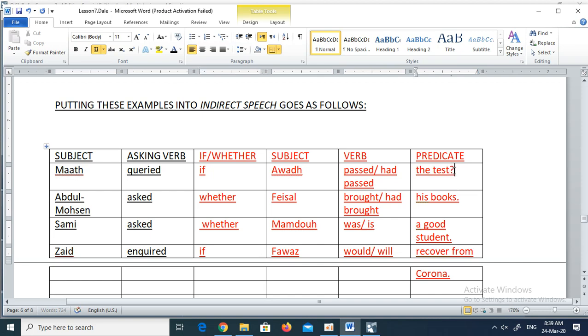Where there was a question mark in the direct speech, because the person was asking a direct question, we no longer have that in the indirect speech. Because in the indirect speech, it's not, has Awad passed the test. Somebody is telling me that Marv asked if Awad had passed the test.